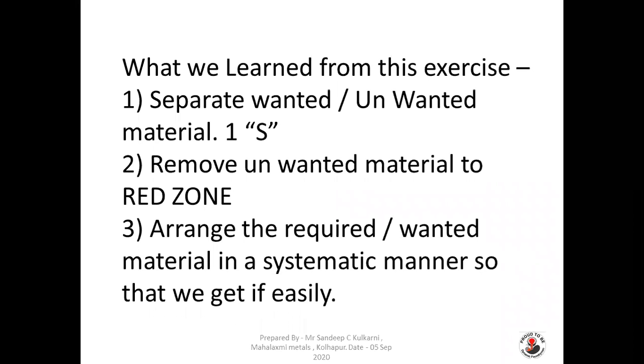Number three, arrange the required or wanted material in a systematic manner so that we can get it easily, like we did with the alphabets A, B. We have separated them and counted so that we can easily get the individual quantity of each alphabet, so that we can reduce the inventory, we can plan the production properly, and we can reduce overproduction as well.